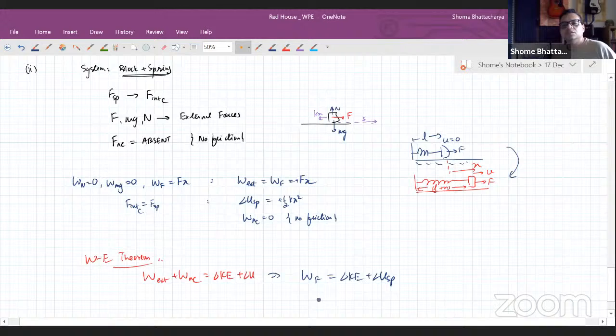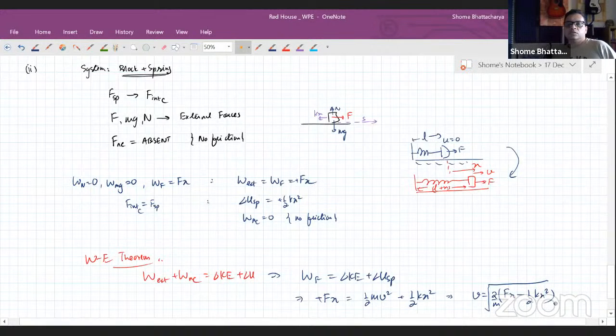So from here to here, you can see the work done by F is plus Fx. The change in kinetic energy is half mv square because initial kinetic energy was 0, and change in potential energy of the spring is half kx square. So this is how we will get v as a function of x. We will see that this becomes the square root of (Fx minus half kx square) into 2 by m. So this is v as a function of x.